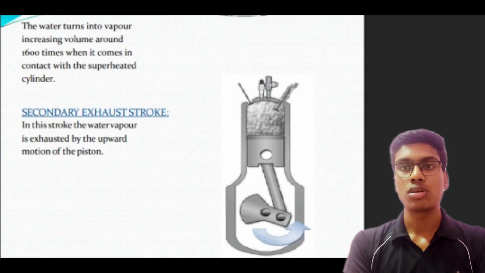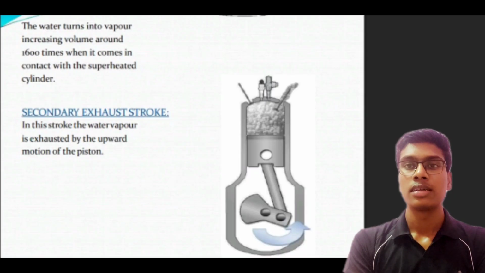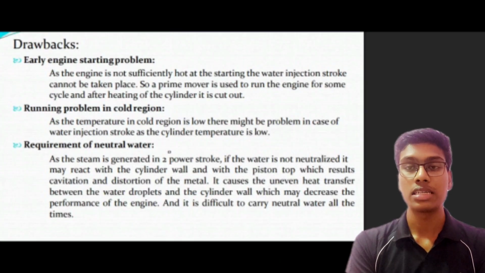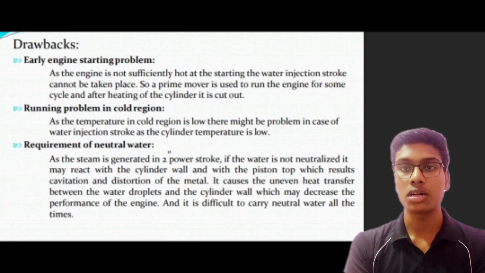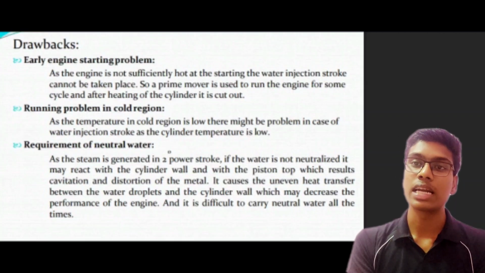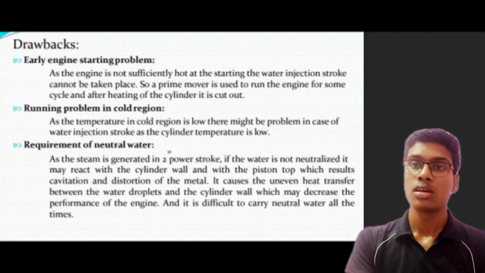But why is the six-stroke engine not applicable in real-time engineering? It is because it costs so much to create a six-stroke engine. In the six-stroke engine process, there will be addition of water droplets when the combustion occurs, because a large rise in temperature happens inside the combustion chamber. It is around 900 to 1000 or more than that.